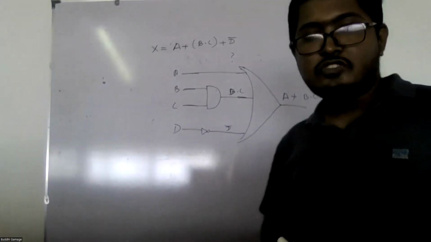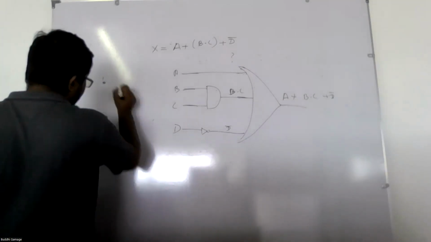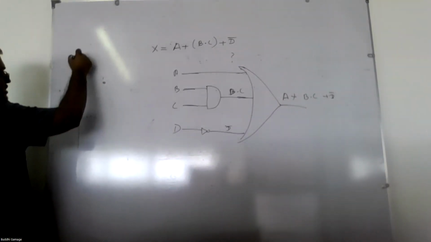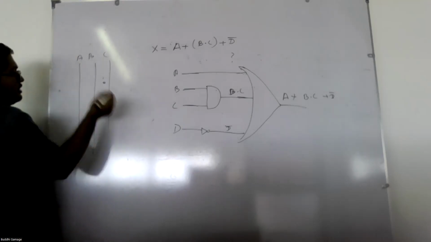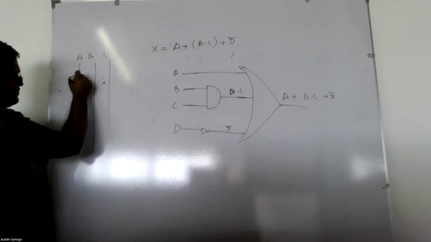We use that when you are deriving the logic gate this way. And A, you are not correct, put the dot inside here.